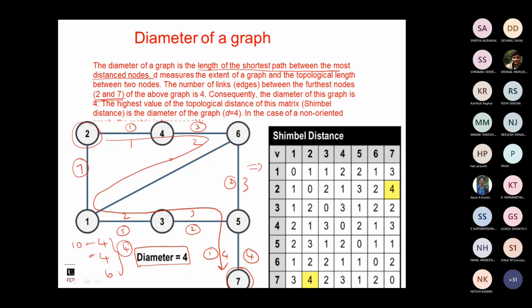So the cost is going to be 10. If I go this way, 7 plus 5, 12, 12 plus 2, 14, 14 plus 1, 15. Among these, which is the least number? So this will be the shortest path, and I have to take this as the diameter of the graph. Obviously 4 is the diameter for an unweighted graph, there won't be any problem, but for a weighted graph, you compute the weights of the edges, sum them up, and find the smallest number and take that as the length of the shortest path.